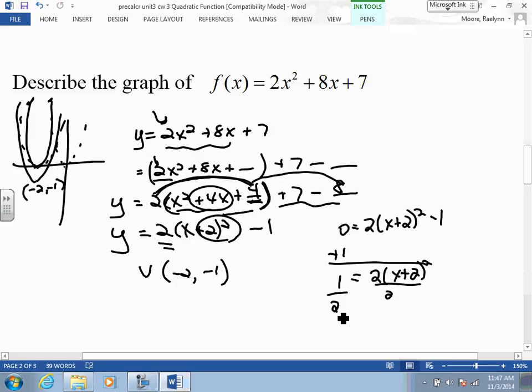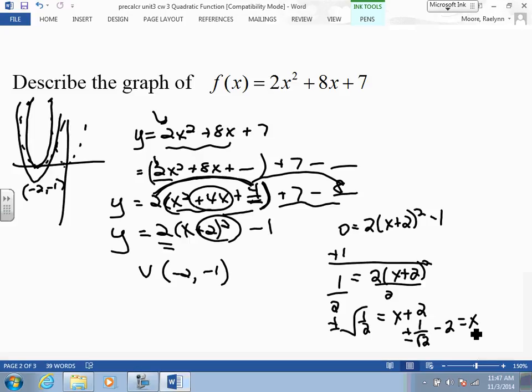And then take the square root. So plus or minus radical 1/2 is equal to x plus 2. And then just move the 2 to the other side. These are your roots, your zeros. So plus or minus 1, and we can leave the radical 2 in the denominator, minus 2 equals x. They're irrational, that's fine. They can be irrational. We couldn't factor those. We knew they had to be irrational because they were not factorable.